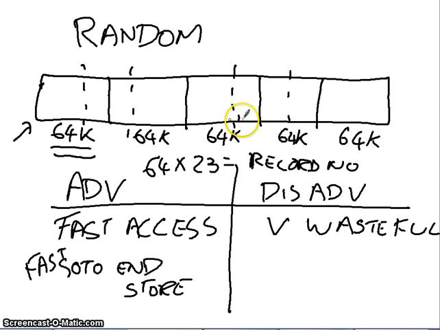If none of your files ever hit that maximum data size, then it's wasting all this space, all this space, all this space, and all this space. What a waste. So if you've got loads of disk space, random data access is the way to go. But as far as using memory efficiently, it's not really doing that.